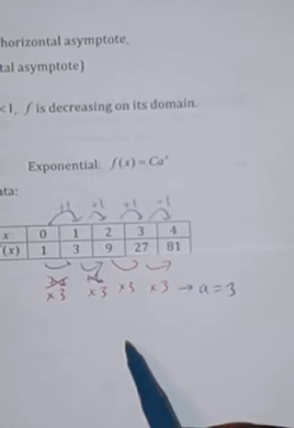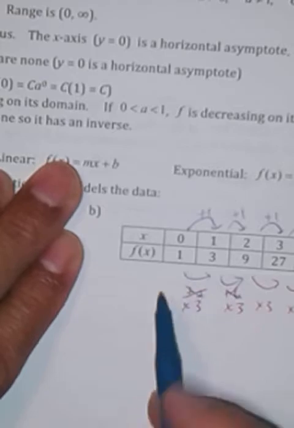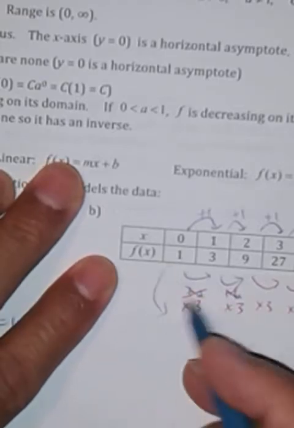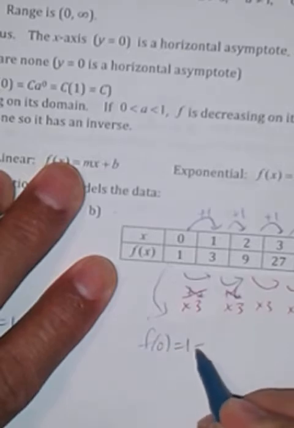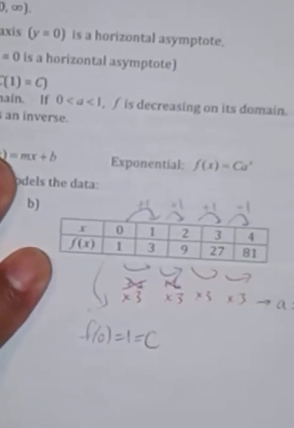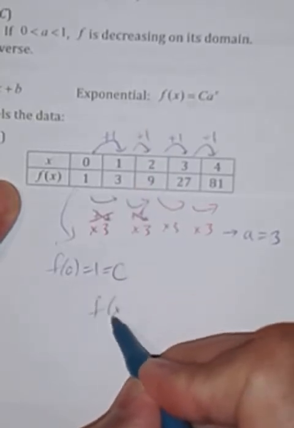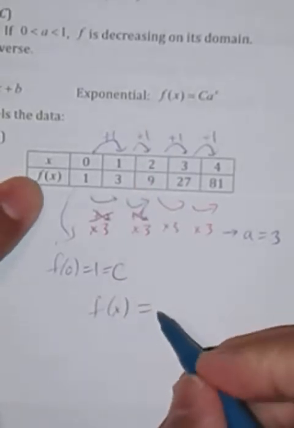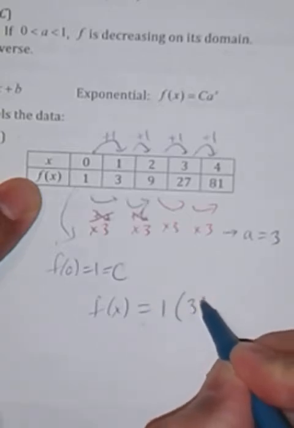All right. What's our c? Well, c is the y-intercept, which means where x equals 0. So here, f of 0 is equal to 1, which then is equal to c. So we have what we need to construct our exponential function. Our exponential function is f of x equals 1 times 3 to the x power.